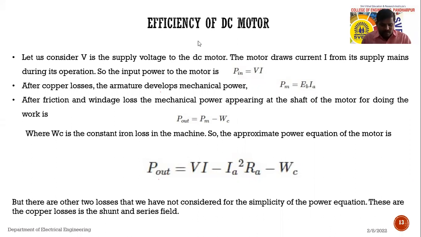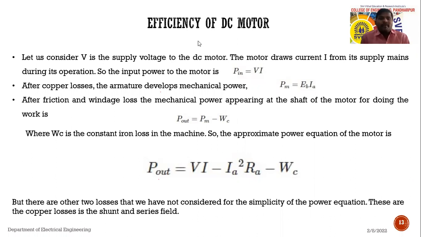So see, in case of efficiency of the machine, we know that the supply voltage of the motor is V volt. मोटरला आपण सप्लाय देतोय, so the supply voltage of the motor is V volt. If the supply voltage of the motor is V volt, it draws some current, that is I amount of current from the mains of the supply during its running, or while its operation is going on.